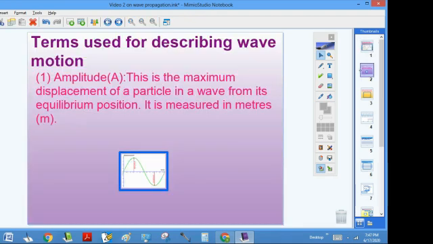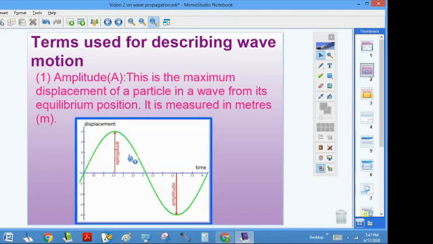So the next thing we are to talk about is the terms used for describing wave motion. One of them is the amplitude I've just explained to you. This is defined as the maximum displacement of a particle in a wave from its equilibrium position. It is measured in meters, and this graph truly represents what we mean by amplitude.